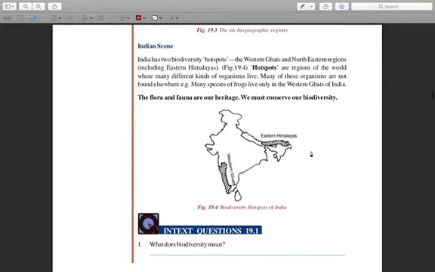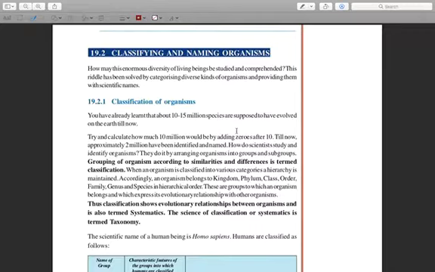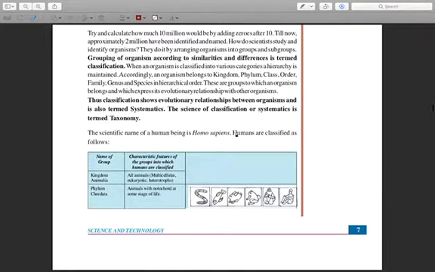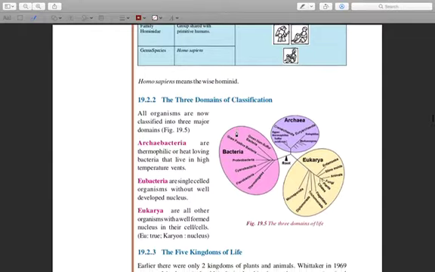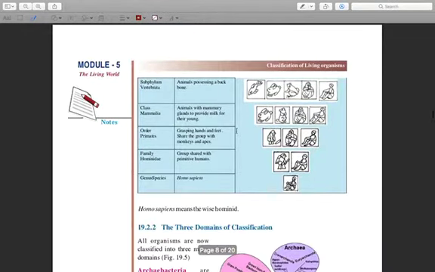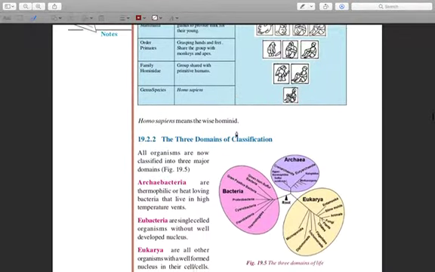Then we went on to see classifying and naming organisms. We discussed why it is necessary to name organisms, and we saw the taxonomy system, that is, the binomial nomenclature naming system. Then we saw the 3 domains of classification: Archaebacteria, Eubacteria, and Eukarya.